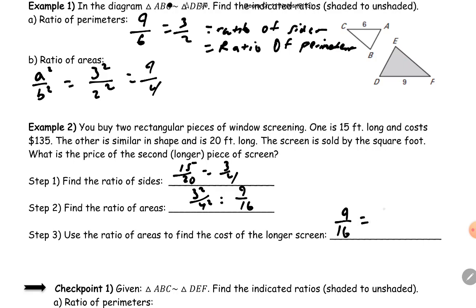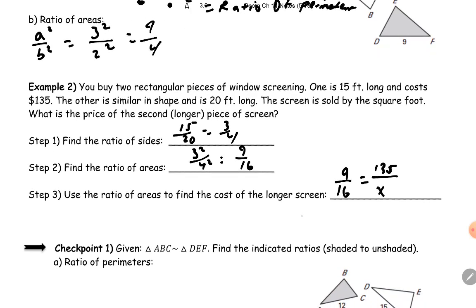And we know that the smaller window is $135, and we're trying to find the cost of the large window. We cross multiply. So 9x equals 16 times 135. Divide by 9, and we get x equals $240.